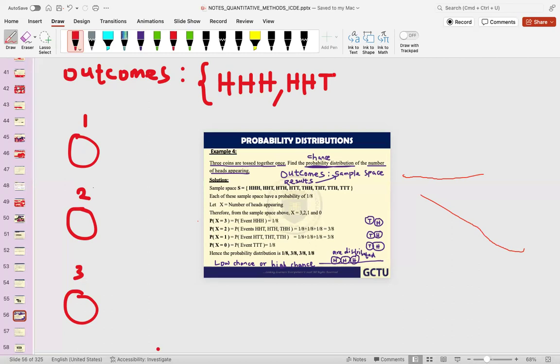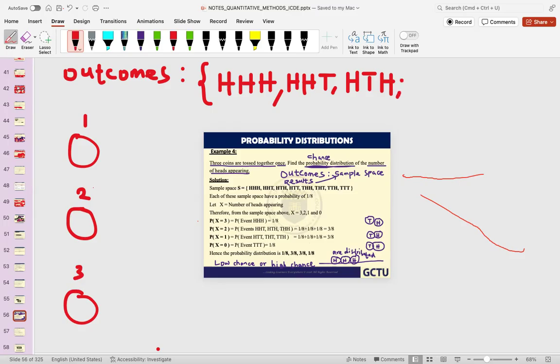So when the coins land on the floor, you may have HHT. Or another possibility, the first will show head, the second this time will show tail, and then the third will show head. This is another possibility.